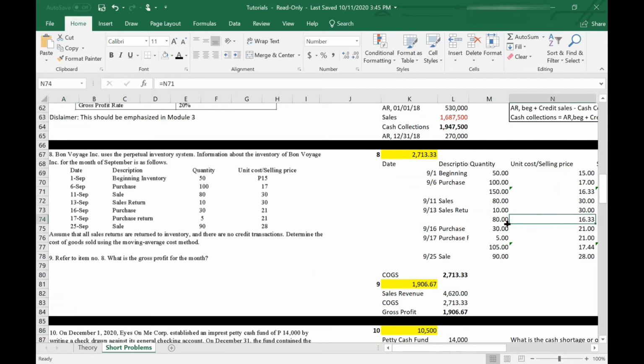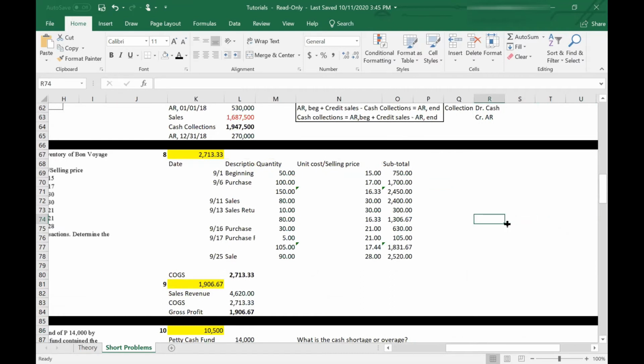We're actually given the following figures. You have your beginning inventory, and we're given the number of units and the corresponding unit cost or selling price. If you get your beginning inventory of 50 pesos, you multiply it by the unit cost, you get this amount, 750 pesos. Then the same process for your purchase.